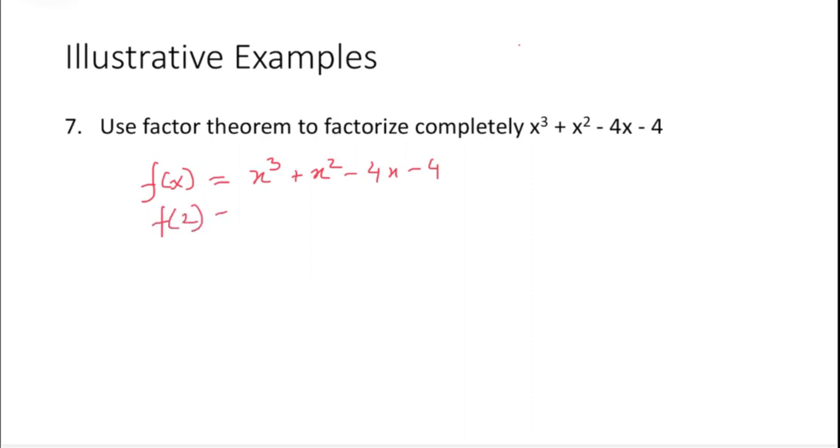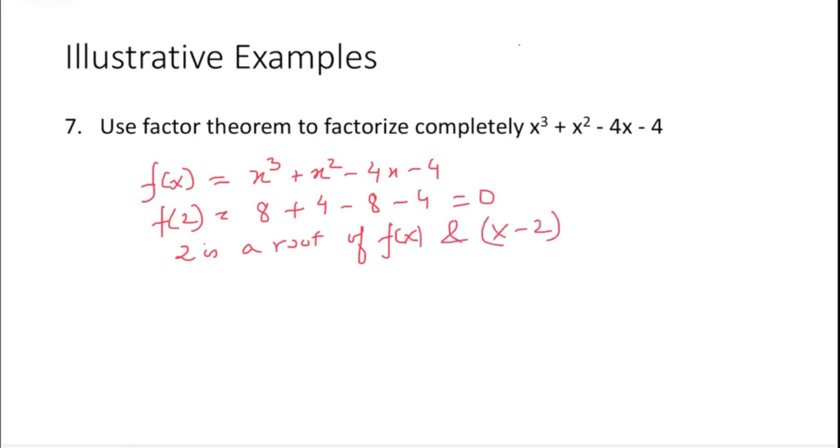So f of 2, if we put in 2 cube is 8, plus 2 square is 4, minus 4 2s are 8, minus 4, so that becomes 0. That means 2 is a root of f(x) and x minus 2 is a factor of f(x).